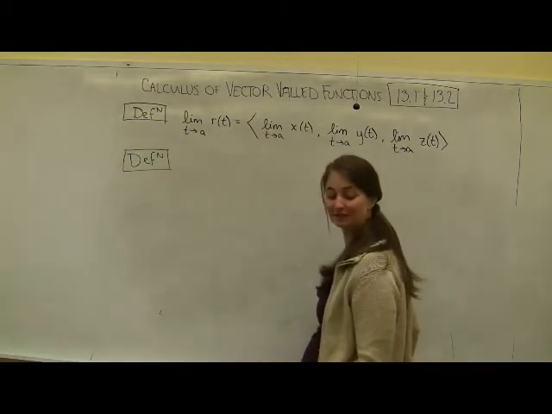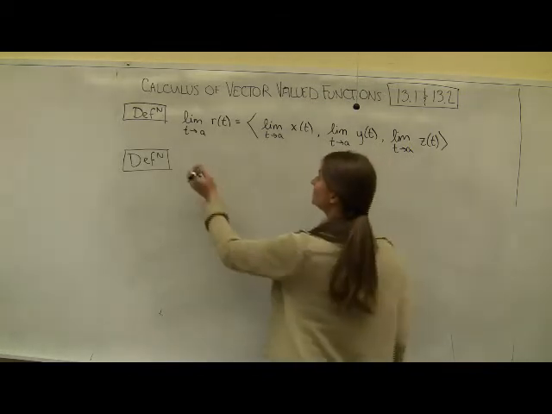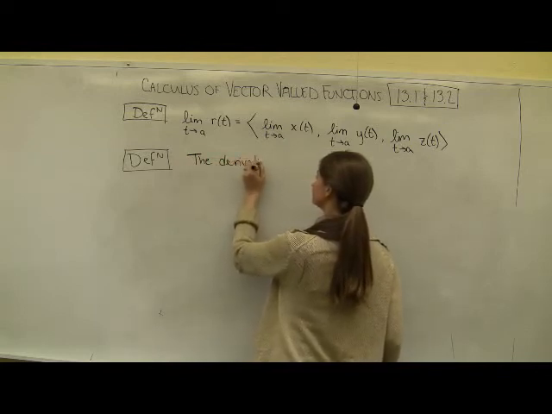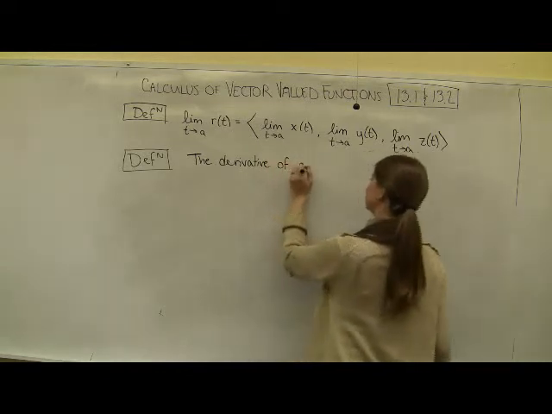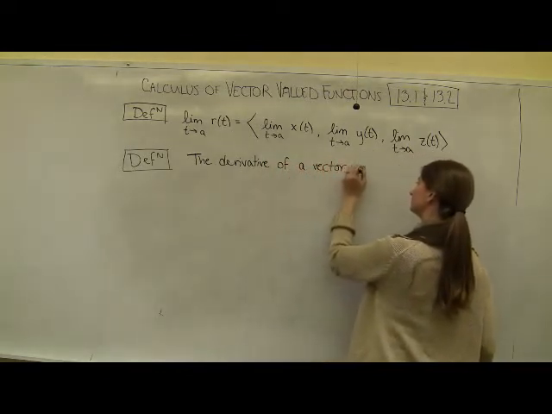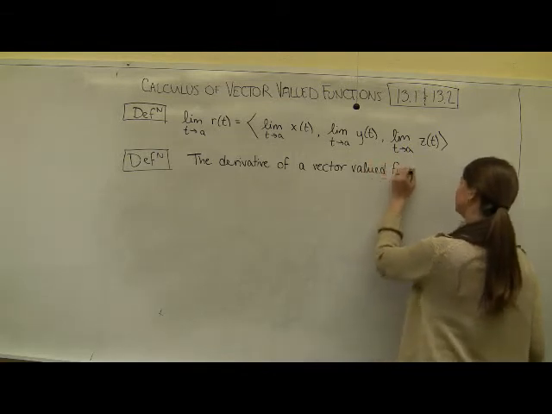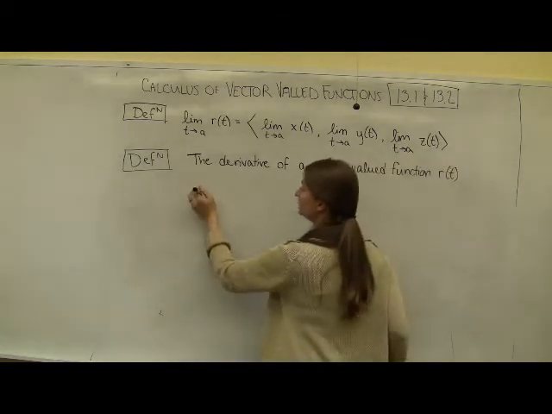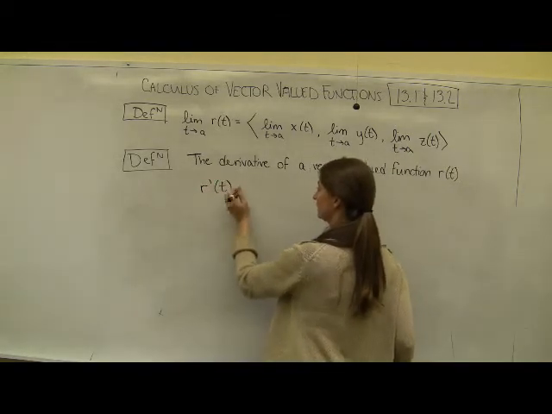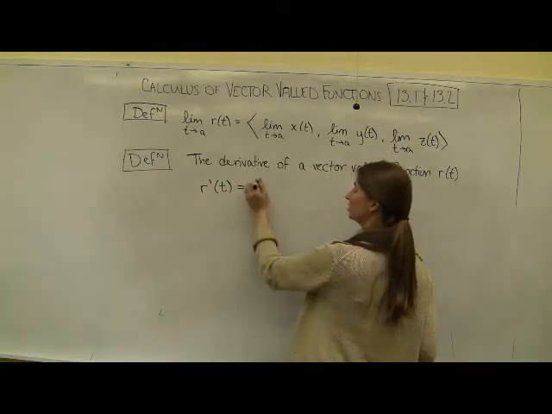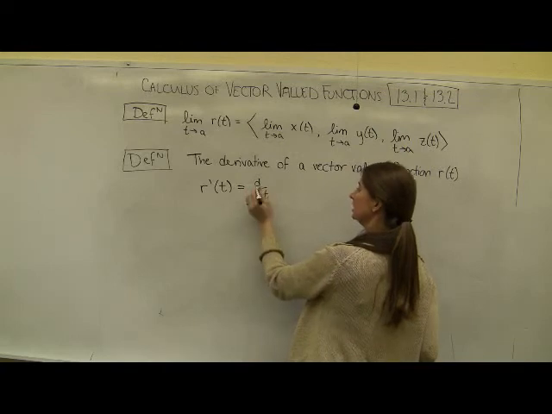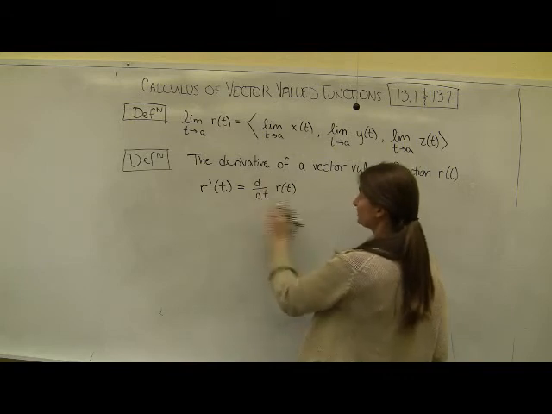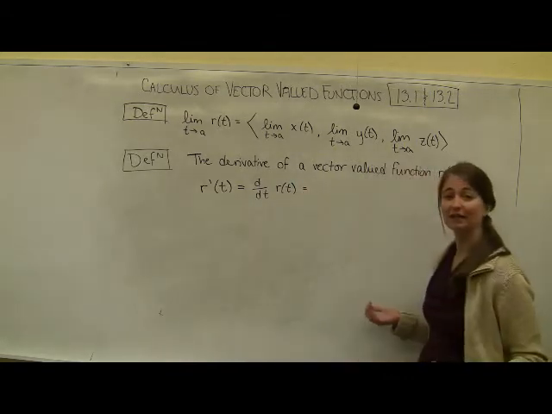So when we define derivatives for our vector-valued function, we're going to say the derivative of a vector-valued function r of t, we usually write, if you want to use Newtonian notation, r prime of t, which is also, using Leibniz notation, the derivative of r of t with respect to t, is, thankfully, what we want it to be.